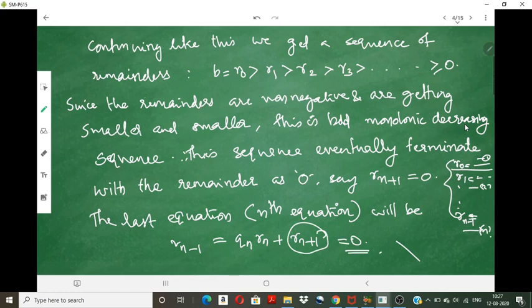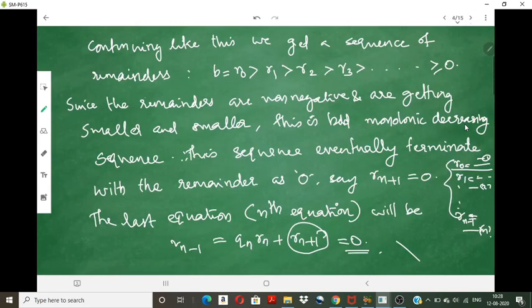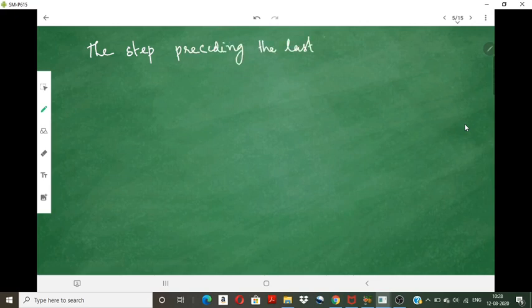So the step just above the last step, the step preceding the last one, what will be the step? Rn minus 2 is Q n minus 1 Rn minus 1 plus Rn.